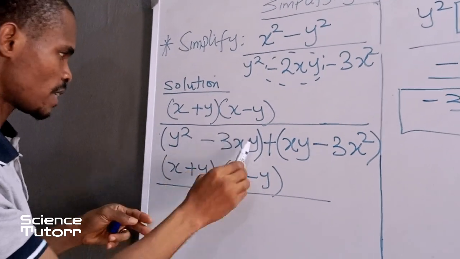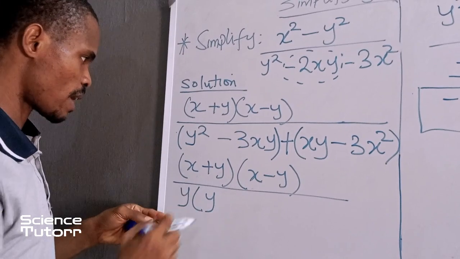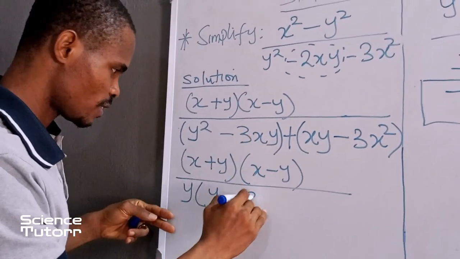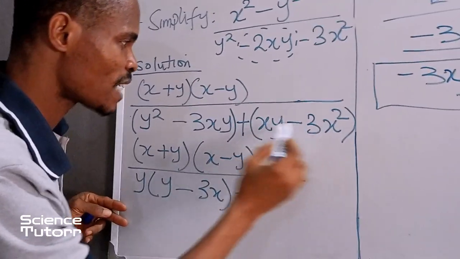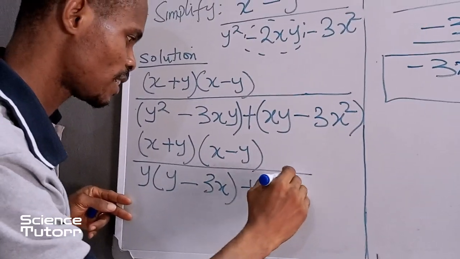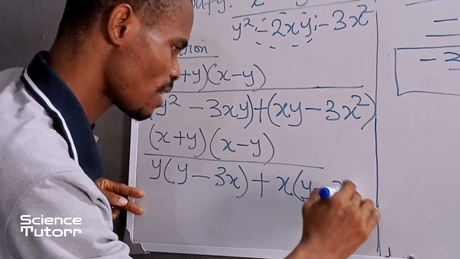So I have like terms here. y is common to both sides, so I bring out y, and y in the bracket minus 3x plus, on both sides I have x here, so I bring out x into y minus 3x is left here.